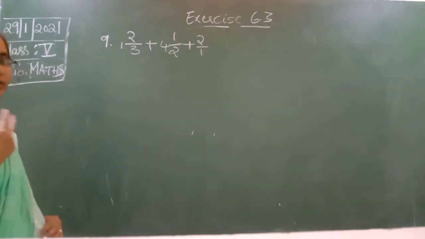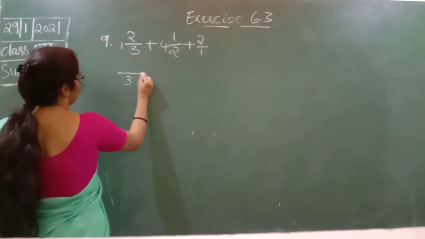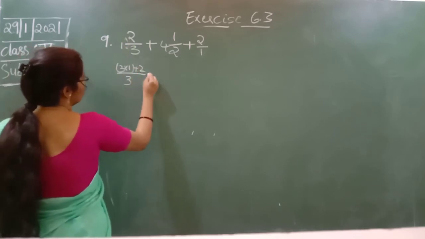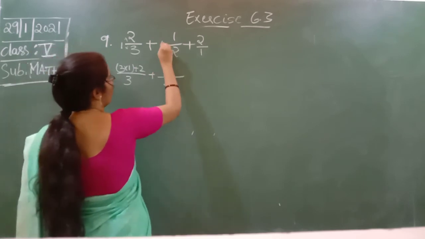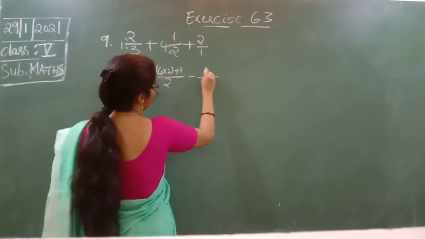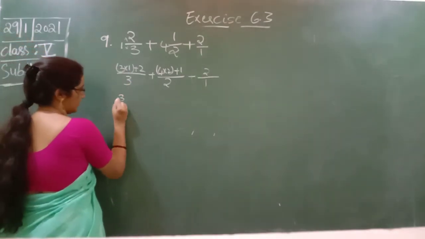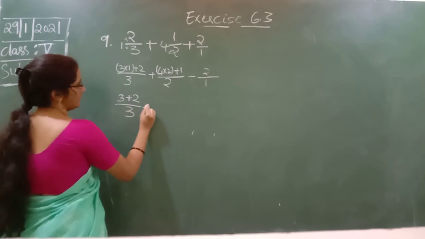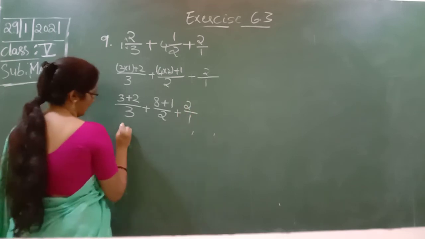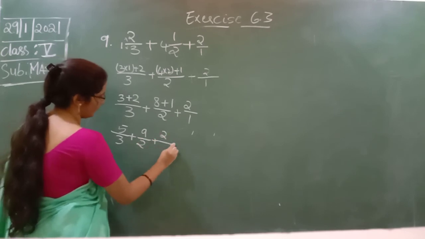Now convert them into improper fractions, that is, unlike fractions. 3 into 1 plus 2, next 4 into 2 plus 1, next 2 by 1, right? 3 into 1 is 3, 3 plus 2 is 5 by 3, plus 8 plus 1 is 9 by 2, plus 2 by 1. 5 by 3 plus 9 by 2 plus 2 by 1.